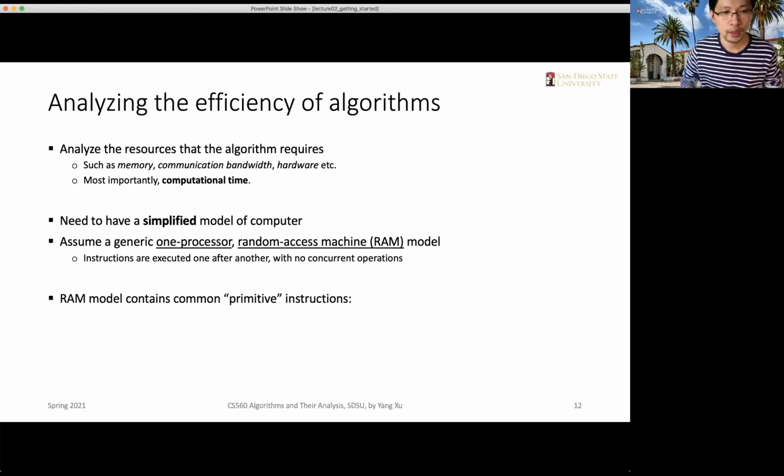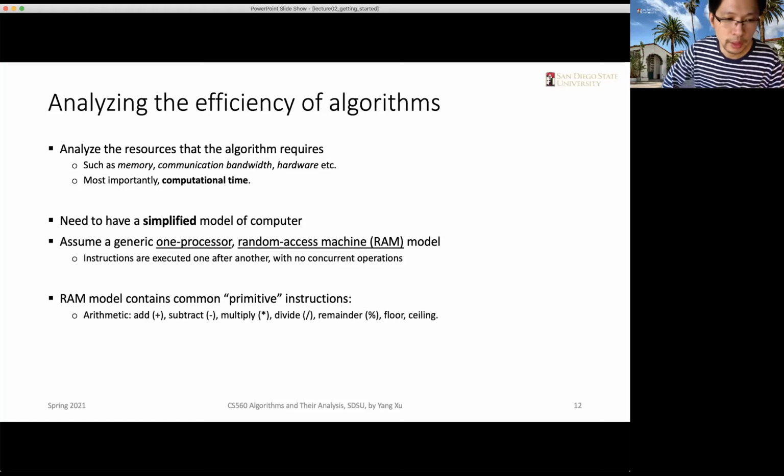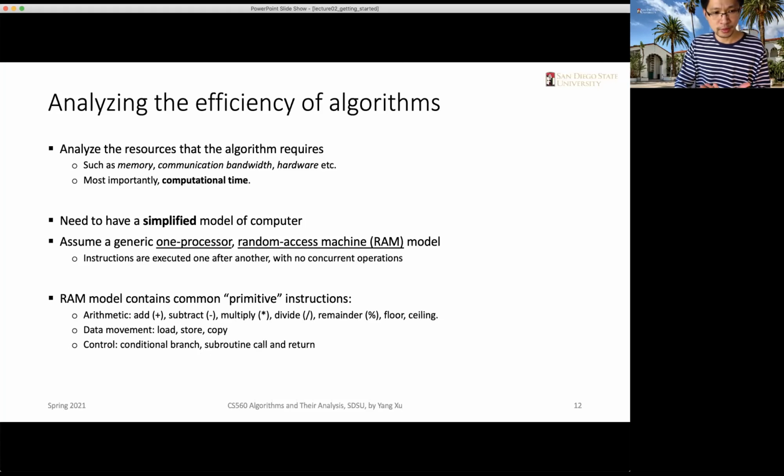We will consider a set of primitive instructions like adding, subtracting, multiplying, dividing, flooring, ceiling, and other data movements like loading, storing, copying, and control instructions like if, else, function call, return.